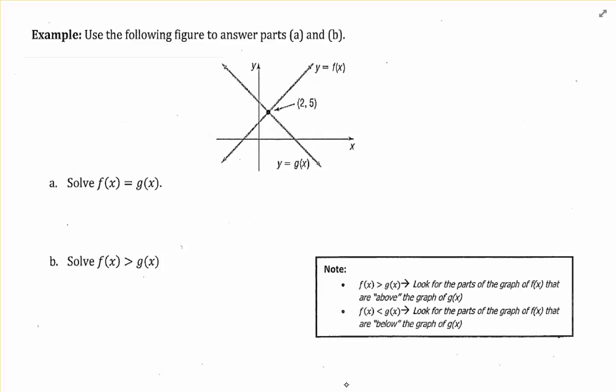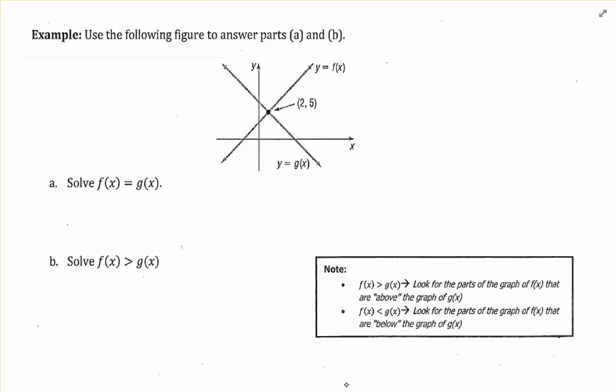So we could assume that f of x is some sort of linear function. It's also crossing the y-axis at what appears to be a positive value, so it'd have a positive b value. And also, the line is slanted upward, meaning that its slope would be positive. All right, so a linear function with a positive slope and a positive y-intercept.